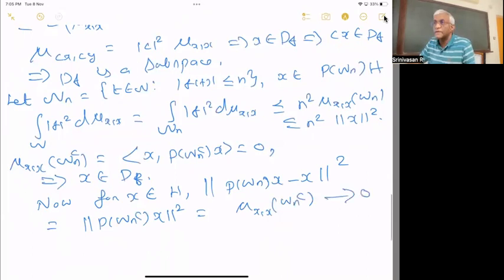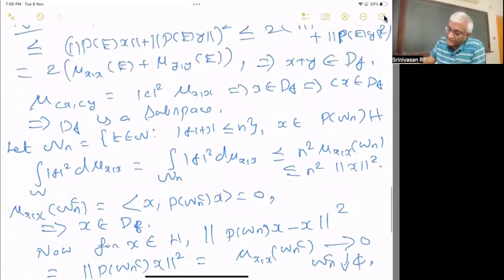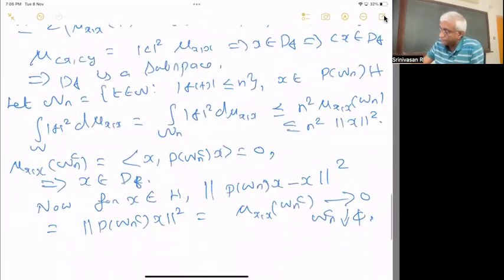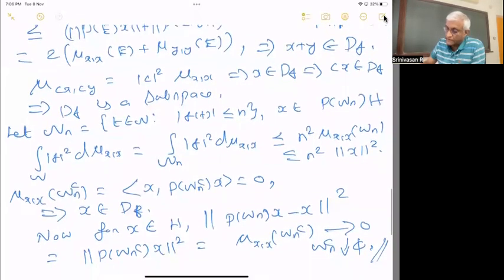That goes to 0 because omega n complement decreases to the empty set, and it's a finite measure. It follows from strong continuity and strong countable additivity. So we have proved D_f is dense. The lemma is proved.